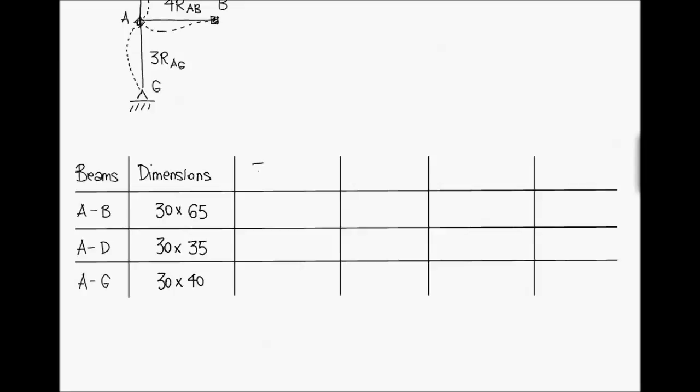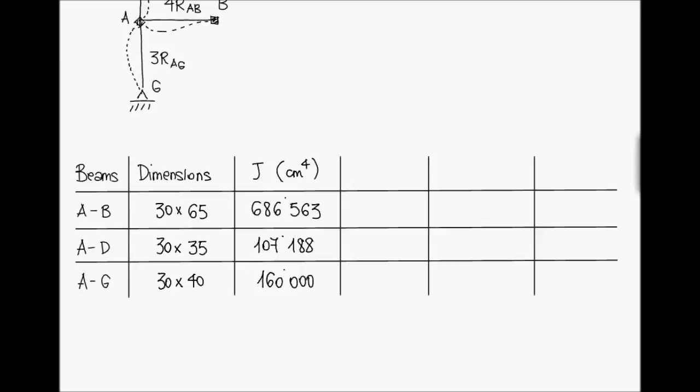We calculate the moment of inertia J, which is in centimeters to the power of 4. It is equal to 686,563 for beam AB, 107,188, and 160,000 for beam AG.